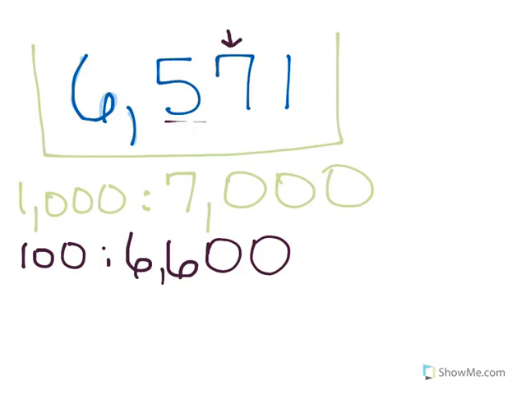So we're going to take this same number again and round it to the nearest 10. I'm trying to use a different color so it's a little easier to tell the difference. For the nearest 10, we underline the tens place. We look at that digit next door. Well, the 1 is 4 or lower.